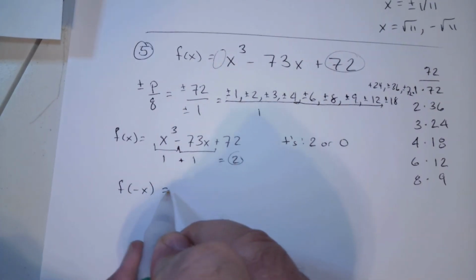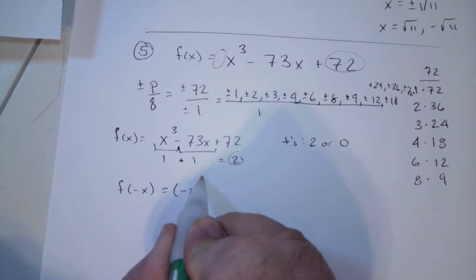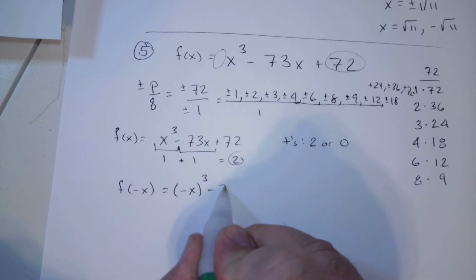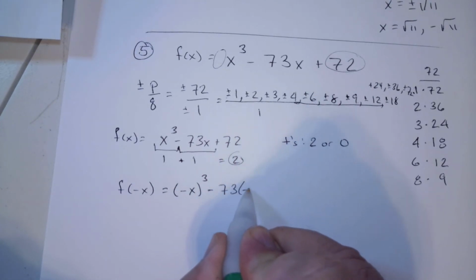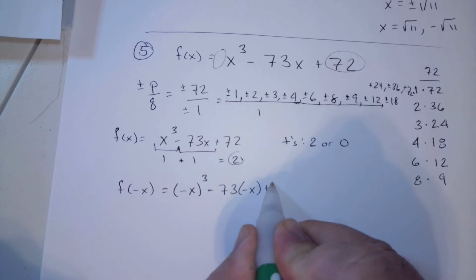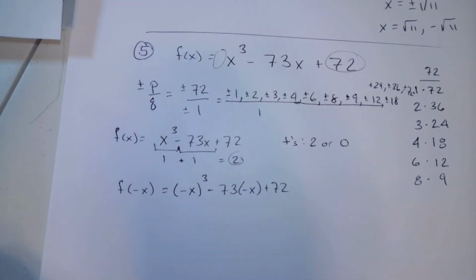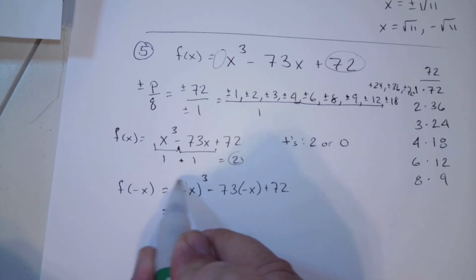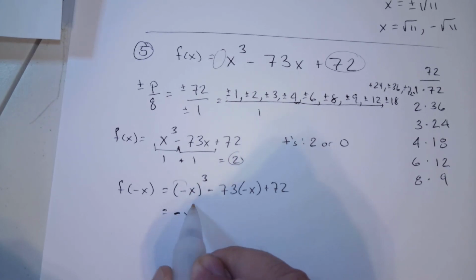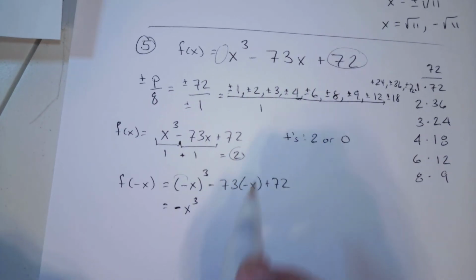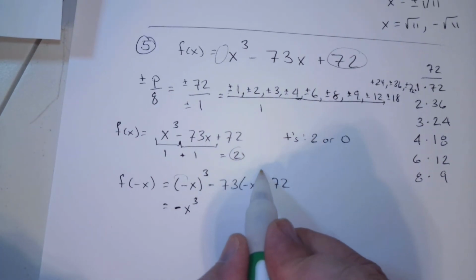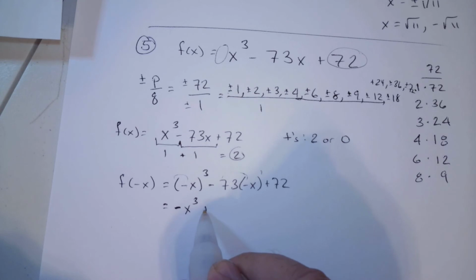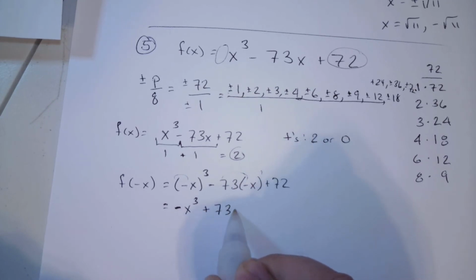For negative x, we have negative x cubed minus 73 times negative x plus 72. It's an odd power, so the negative comes in front, so it's negative x cubed. This is odd, so that one goes in front, so it's positive 73x plus 72.